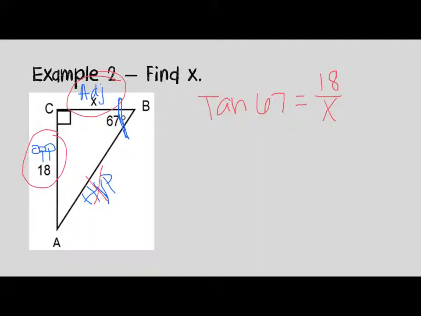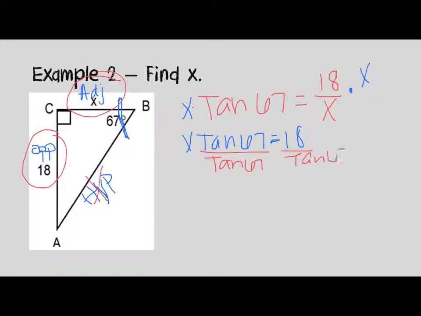If you notice, this problem's a little different because the x is on the bottom. I'll show you the trick in just a second, but to mathematically work this out, you'd multiply by x. So you have x times the tangent of 67 is equal to 18. We got to get x by itself, so then we would divide by the tangent of 67. So x is equal to 18 divided by the tangent of 67.